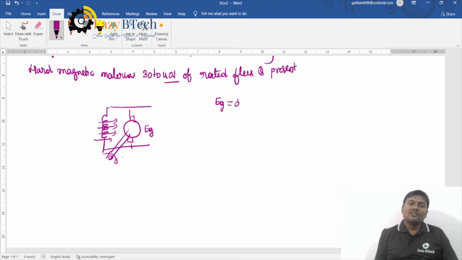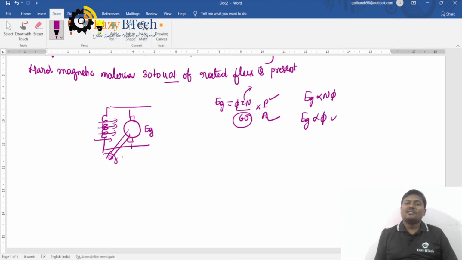So Eg is equal to phi Z N by 60 into P by A. Once the design is over, the number of poles is constant, the parallel paths are constant, 60 is constant, and Z is constant, so Eg is directly proportional to N phi. In this case, I am maintaining the speed of the armature constant. Then Eg is directly proportional to phi, which is directly proportional to ISH. This is called the ISH.